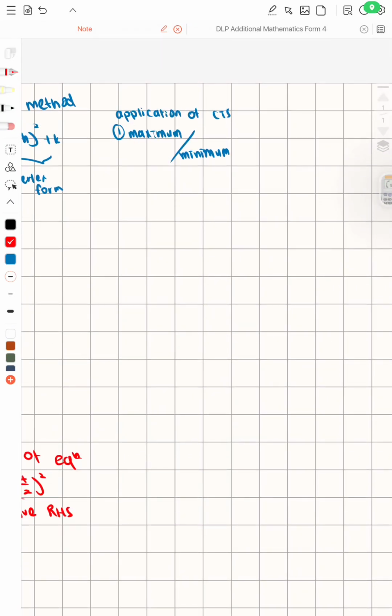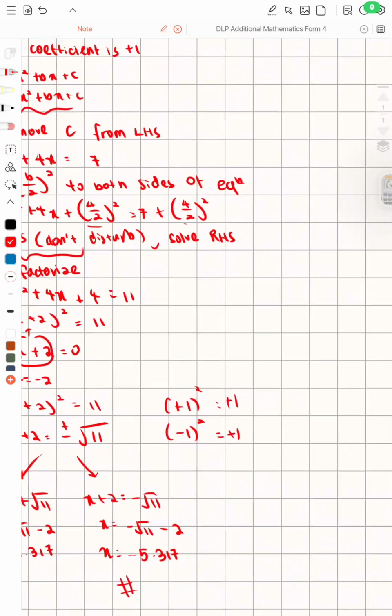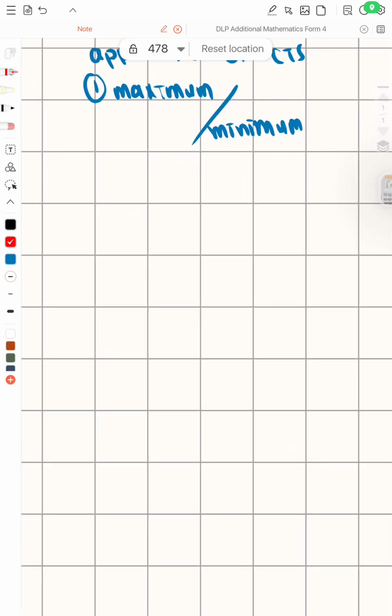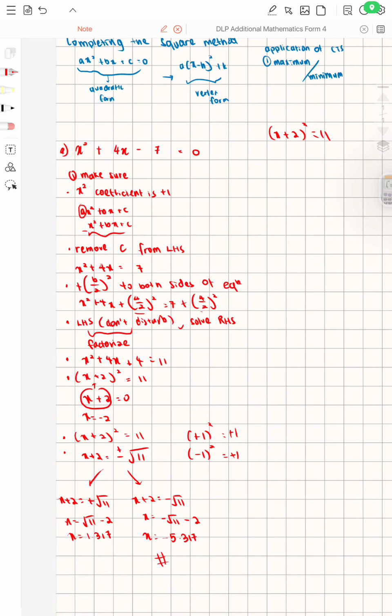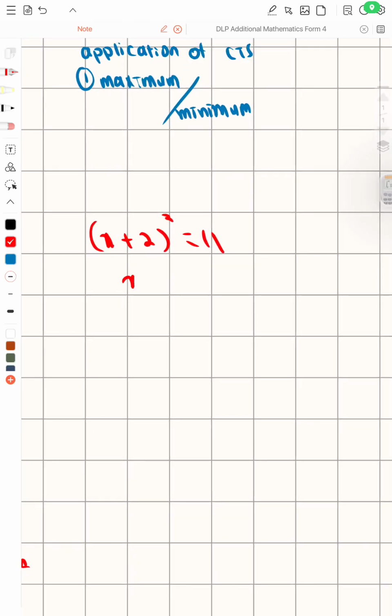Okay, so we will apply the knowledge of CTS. So after you do all the steps until you got your vertex point, right? So you just rewrite your equation, which is the x plus 2 square equals 11. That is our vertex form. So you need to move the 11 into the left hand side.